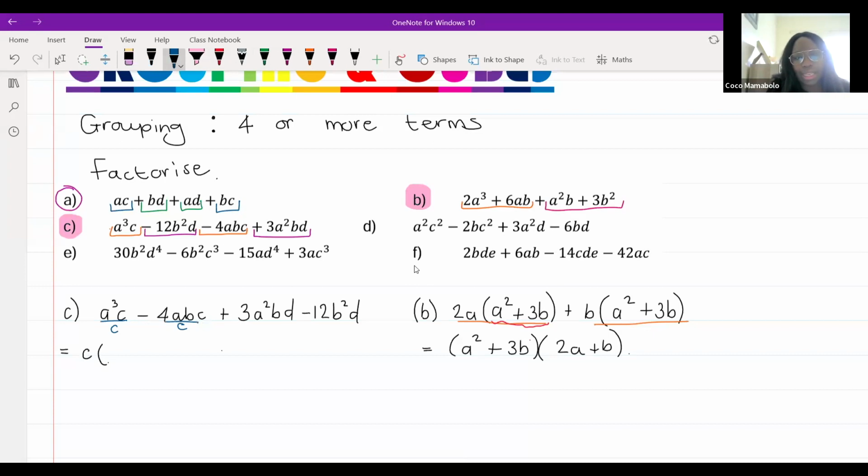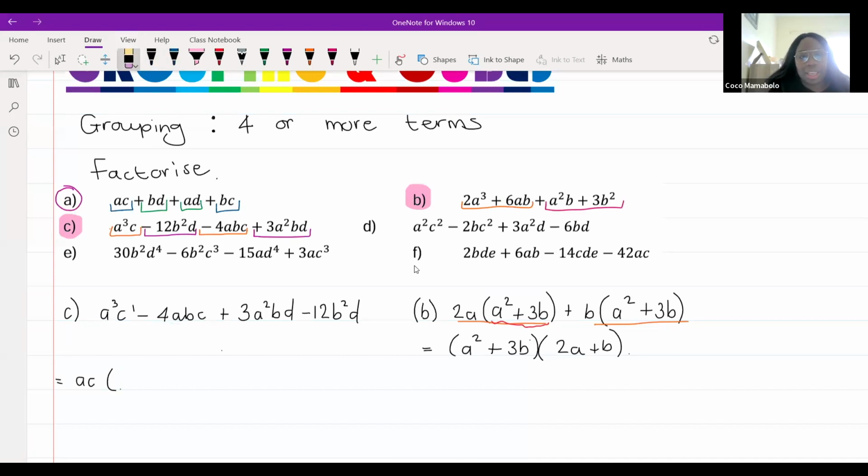Oh, guys, there's more than one common factor here. What else is common apart from just c? Yes, a is also common. Correct. So we can't just take out c. We need to take out ac, not just c, ac. So we're going to take ac out as a common factor.